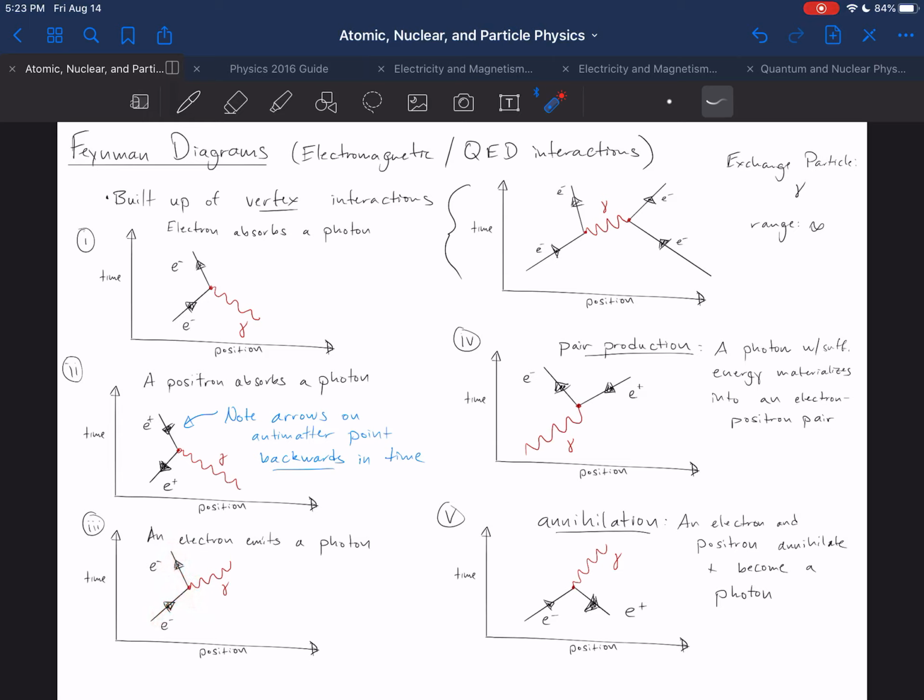Oh, one more thing. Conventionally, the arrows are in the center of the line. So you shouldn't draw them on the end where you normally would. The arrows are used to communicate the important information about whether it is a matter or an antimatter particle, and as a result, need to be drawn in the center rather than at the edge.